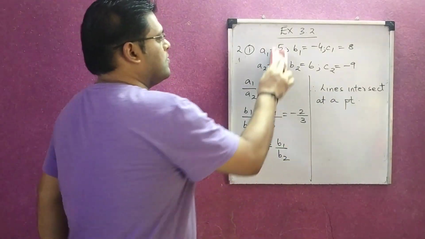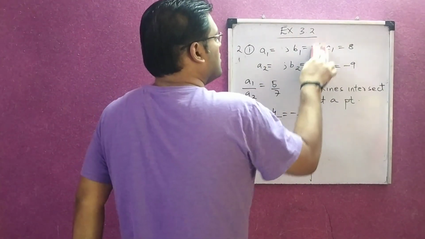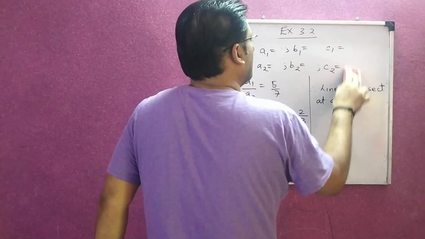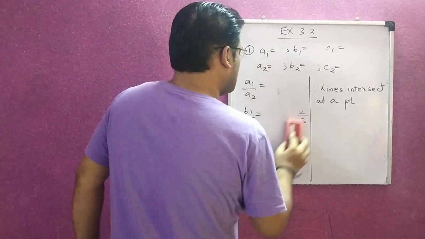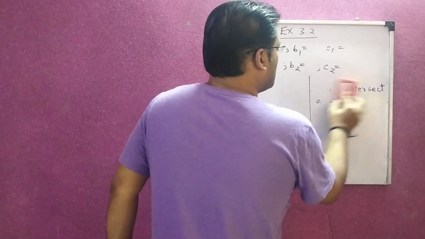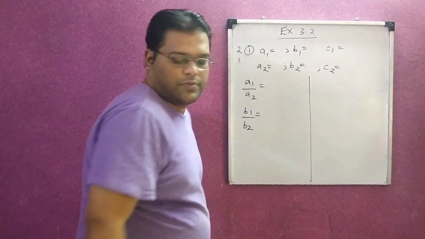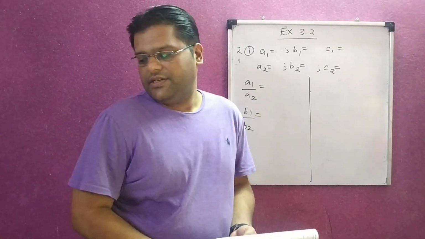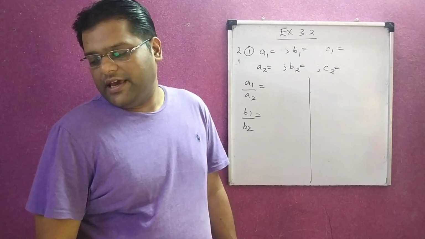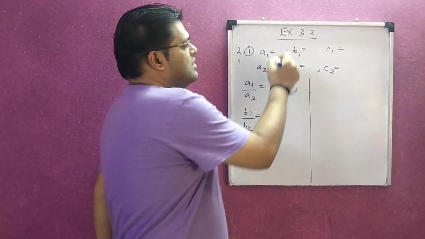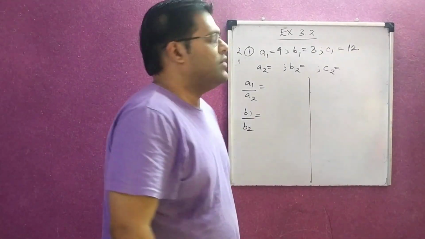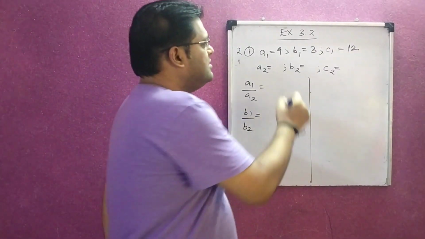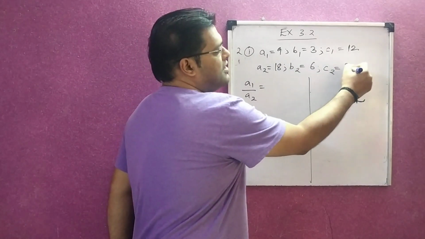Okay, proceeding to question 2. My second question, you have the value for A1, B1, C1 as 9, 3 and 12. For A2, B2 and C2 they are 18, 6 and 24.